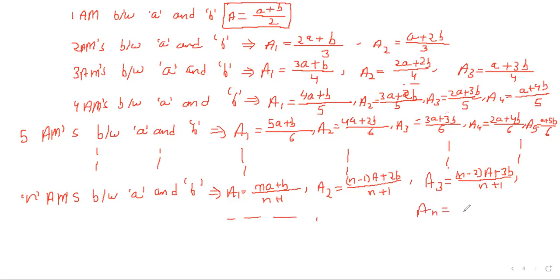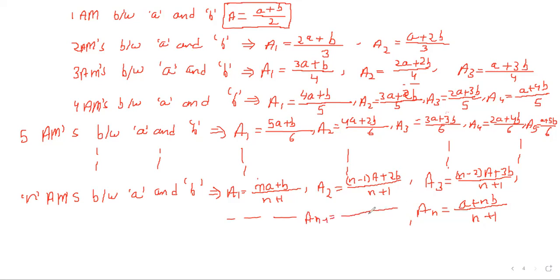The nth arithmetic mean will be, we know that the coefficient of A in the last AM is 1. So A and nB will be interchanged, and in place of nA plus B, it will be A plus nB. And the denominator will always remain the same, n plus 1. And if you want to find the (n minus 1)th mean, it is very easy to find.